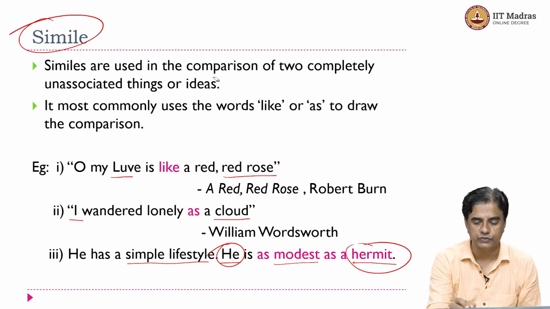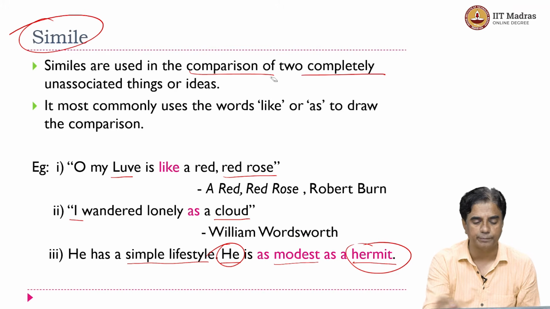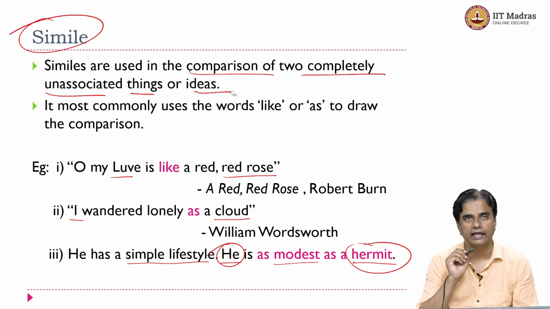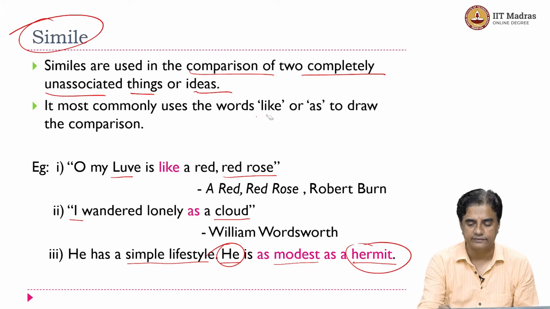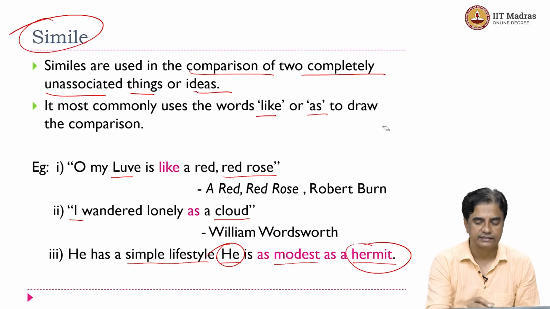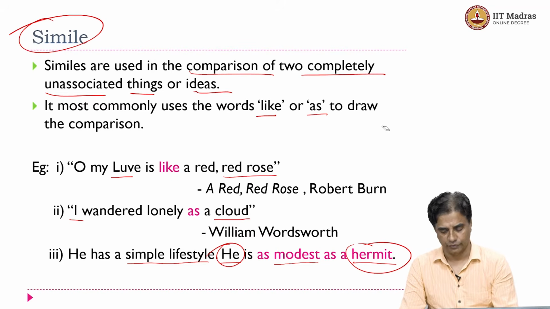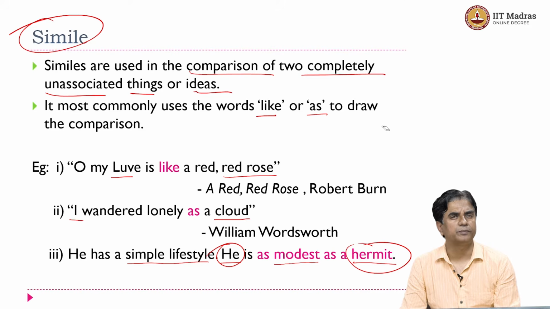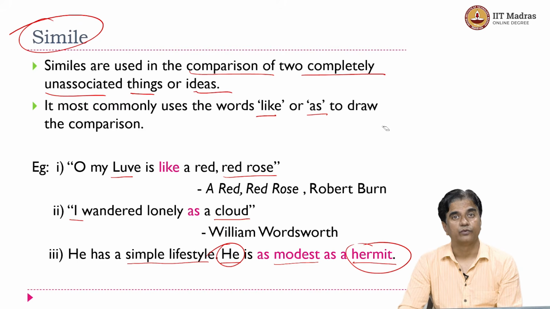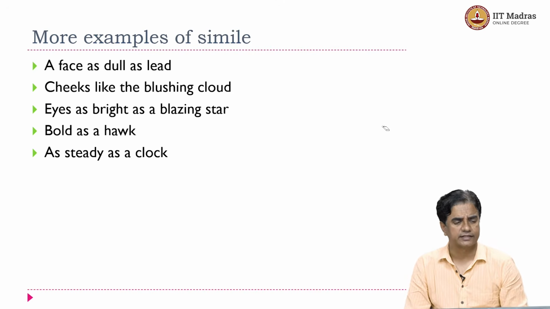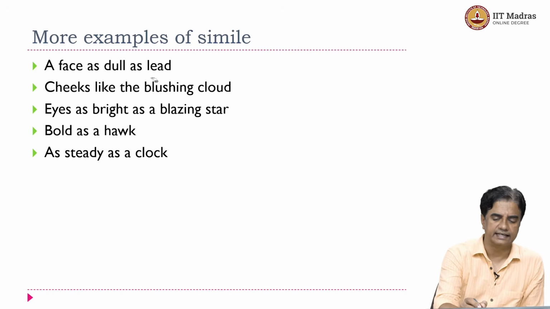It's used in the comparison of two completely unassociated things or ideas. It most commonly uses the words like or as to draw the comparison. So that's what we know as simile. This is one of the most often used literary devices, which we know as figures of speech. Look at some more examples: a face as dull as lead.